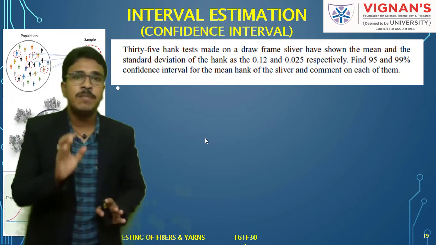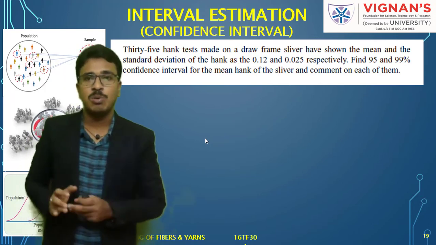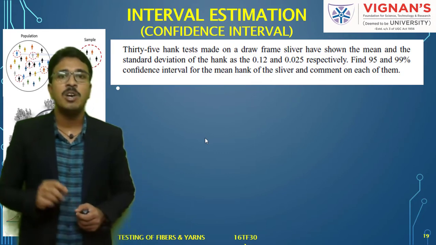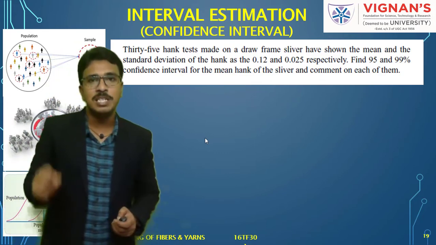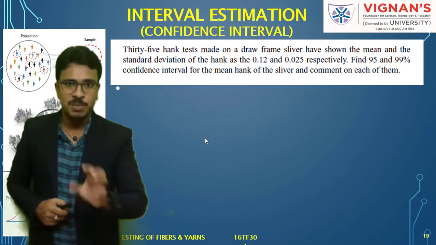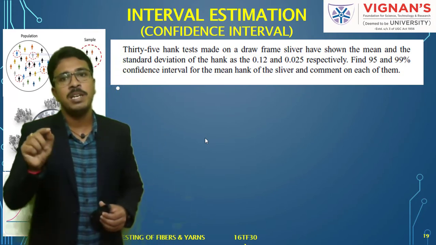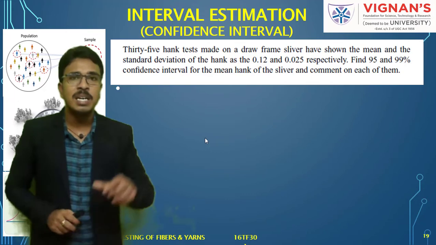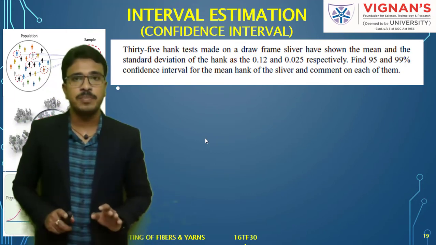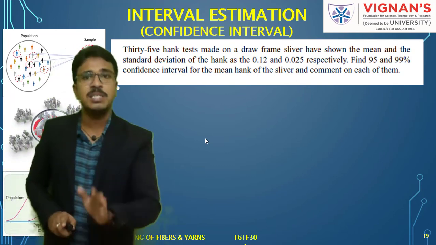The mean of the 35 tests is 0.12 and the standard deviation of these 35 hank tests is 0.025. So here the sample mean and standard deviation are given.